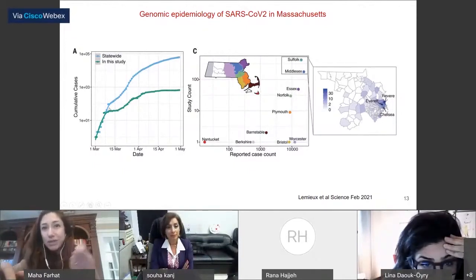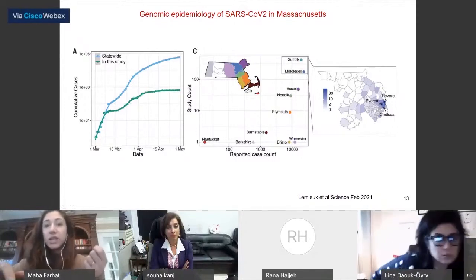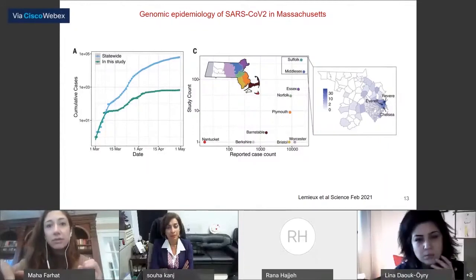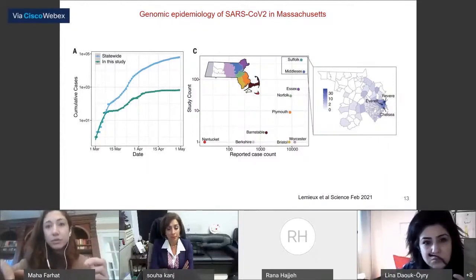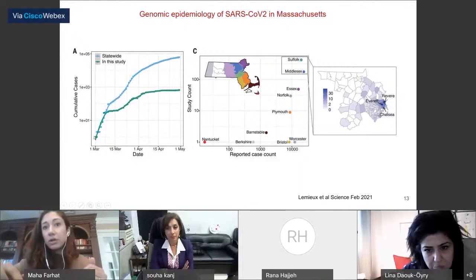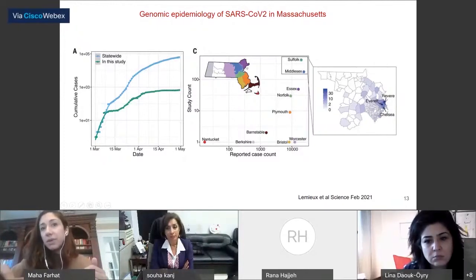Later on, we couldn't keep up because SARS-CoV was spreading in multiple sites around the state, where patients were seeking hospital care at other centers, and so our coverage of the sequences dropped. But we have very good coverage very early on in the outbreak, and you can see where our patients came from, as represented by this map.